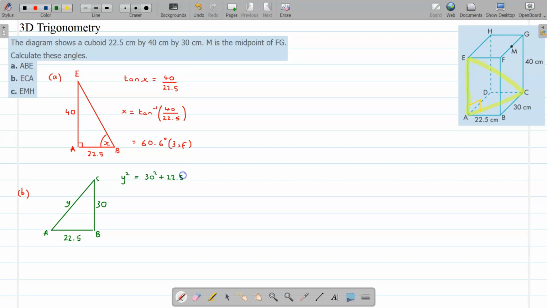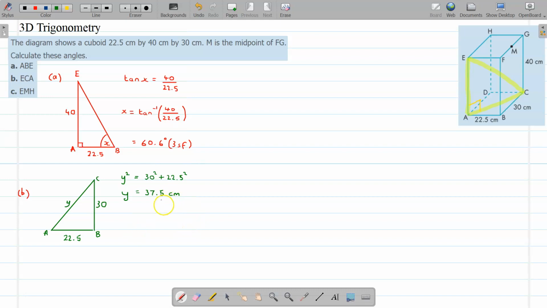If you put that on a calculator and square root it, Y comes out to be 37.5 exactly. So that's the square root of 30 squared plus 22.5 squared, centimeters.